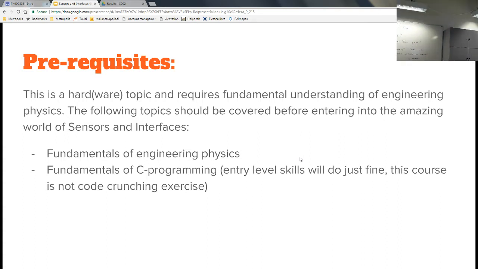Okay. Then the prerequisites you were worried about. Fundamentals of engineering physics. Good. Fundamentals of C programming. Done. Right. Good. You are all good. So basically this is really fundamentals. Embedded C programming has some peculiarities by itself, but here we are not going into details.